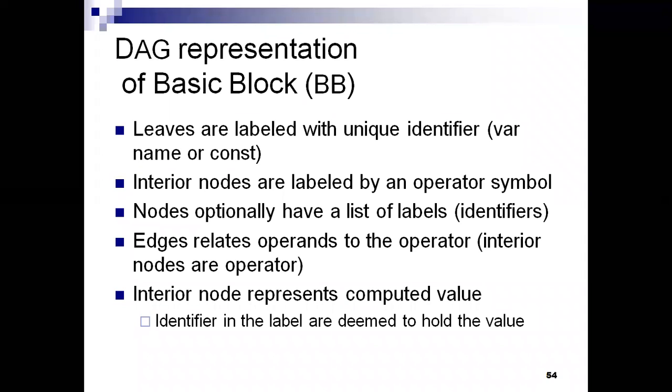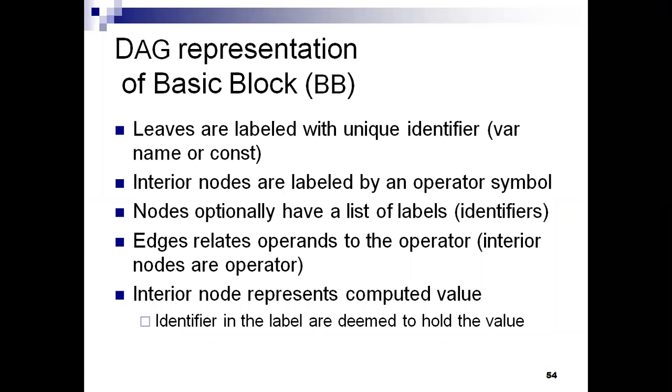Initially, the structure preserving transformation is a DAG based transformation. That means here we are using DAGs. What it means is, the DAG is constructed for the basic block, then the above said transformations can be applied, that is, the principal sources of optimization transformations.